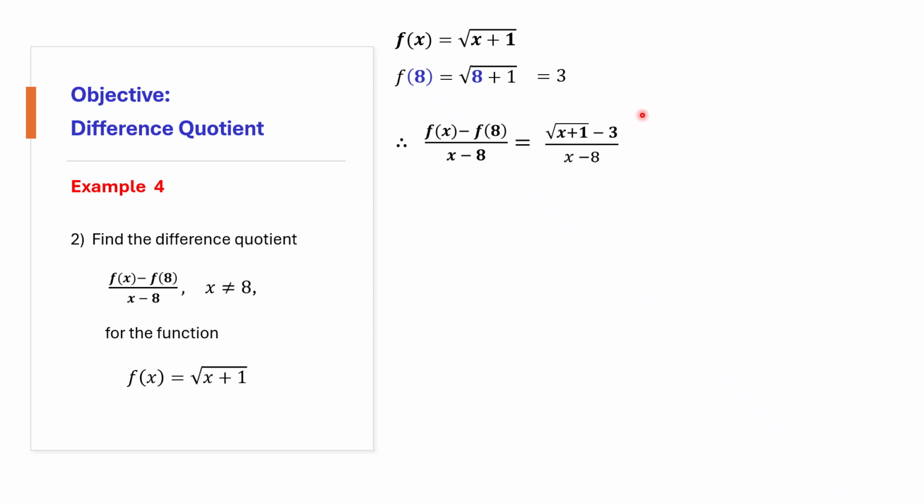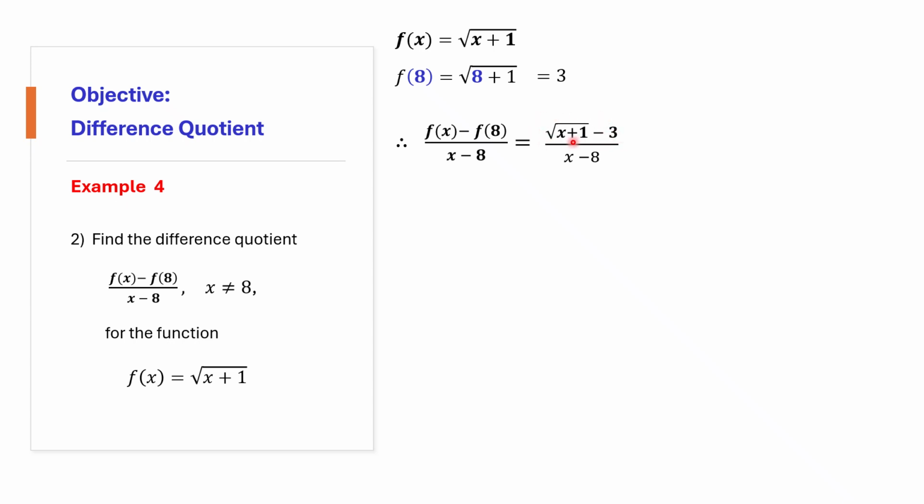Here, we cannot cancel x minus 8 because x minus 8 is not given in the numerator. And we cannot subtract 3 in square root of x plus 1, and we can never cancel this x with this x. The only thing that we can do here to be able to have algebraic manipulation is to rationalize the numerator. Why the numerator?